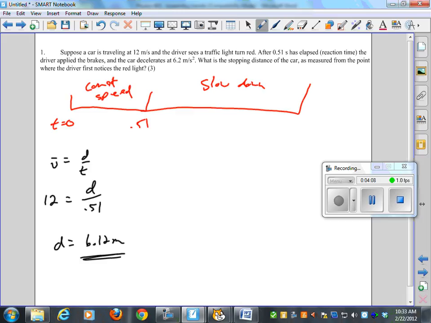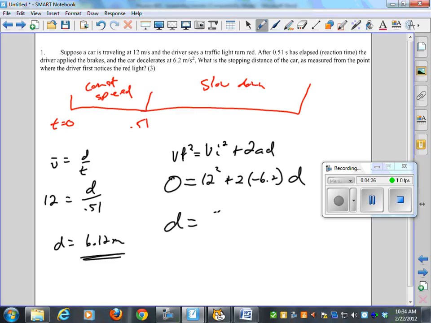Now you've got to figure out how far it travels during the slowing down portion. So that's going to be Vf squared equals Vi squared plus 2AD. The final velocity when you've stopped is 0. The initial velocity is my 12 squared plus 2 times, now we are decelerating at minus 6.2. Solve for D. D is going to be minus 12 squared all over 2 times minus 6.2.